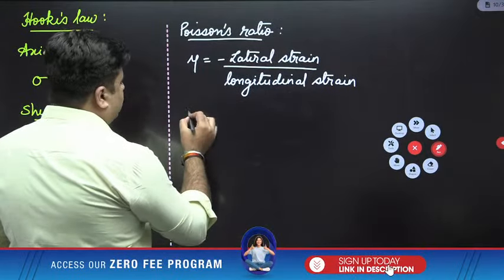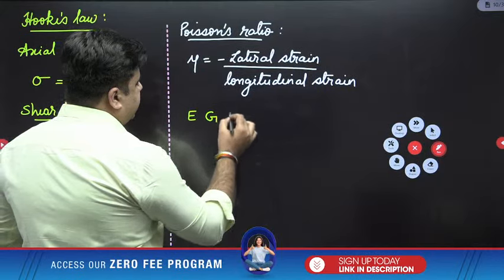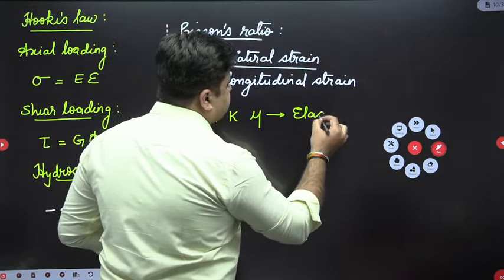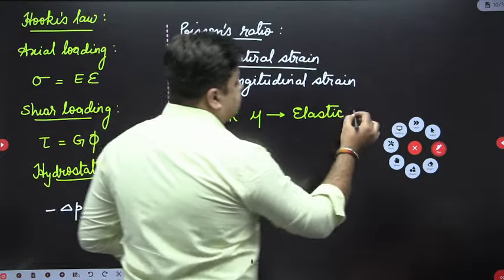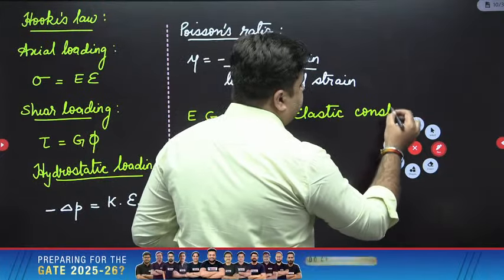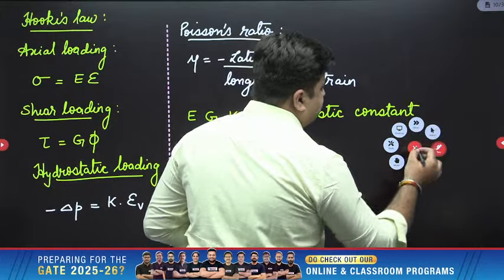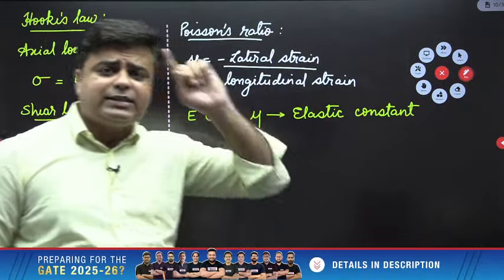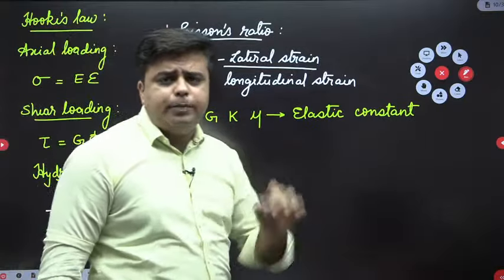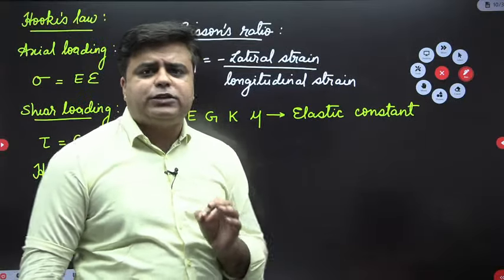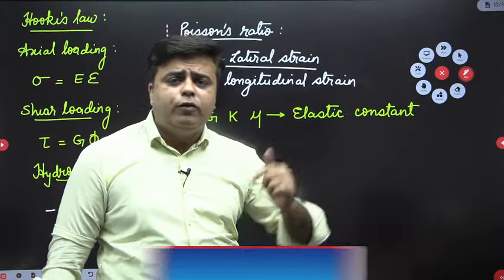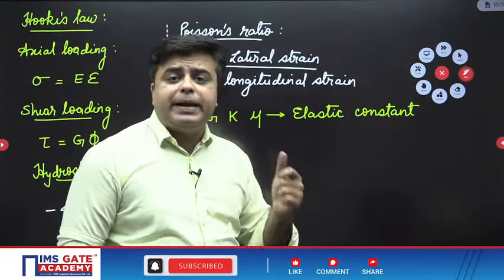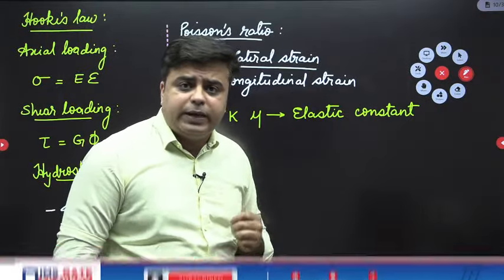On the same note, E, G, K and mu are also termed as elastic constants, and we have four different relations for these elastic constants which should be known to every engineering aspirant for civil and mechanical who will be appearing in the GATE exam, especially those students who will be taking up the XC exam considering strength of materials as a subject.